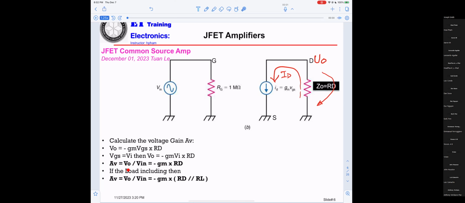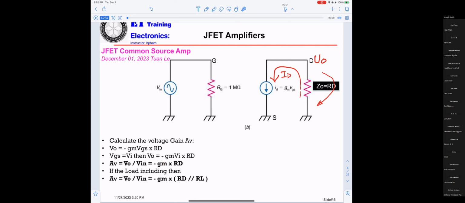If the load is included, then AV equals Vout divided by Vin, equals minus gm times RD parallel with the load.